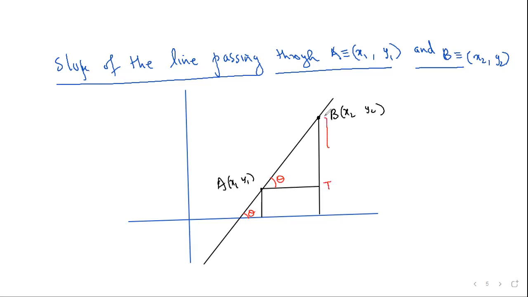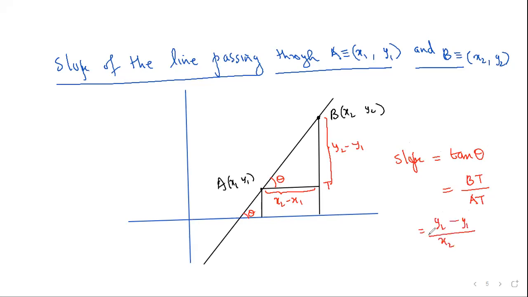Then BT is y2 minus y1, and AT is x2 minus x1. So slope is tan theta, which is opposite side by adjacent side, which is y2 minus y1 upon x2 minus x1.